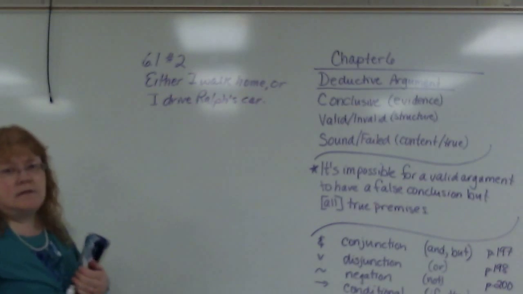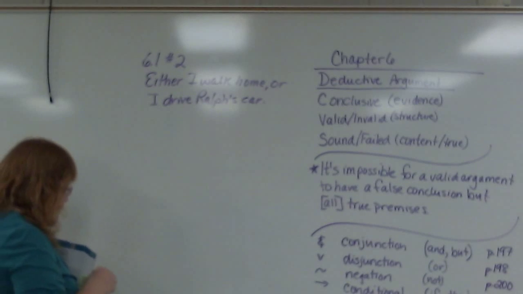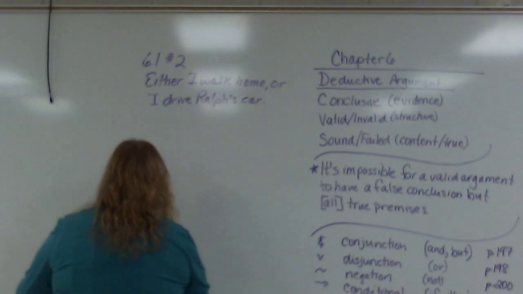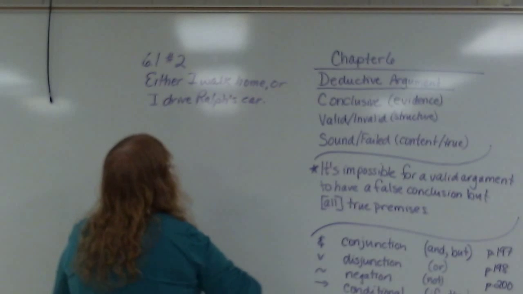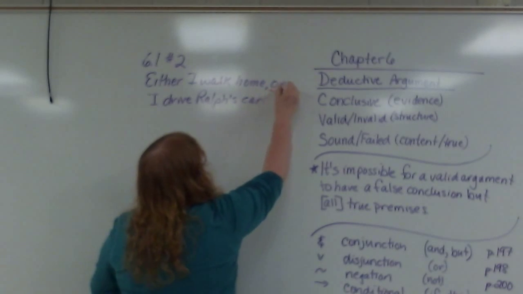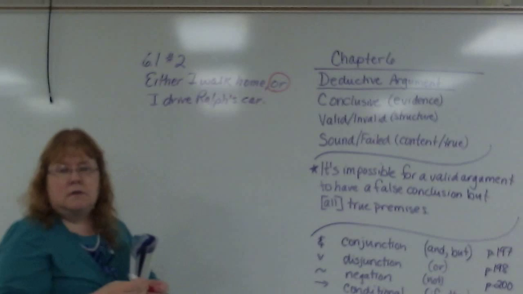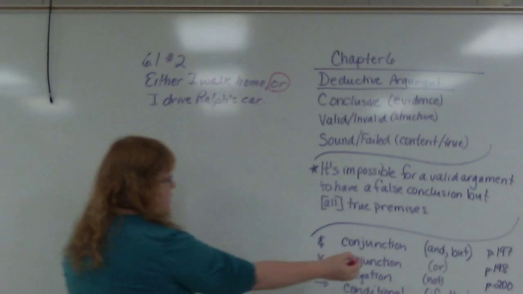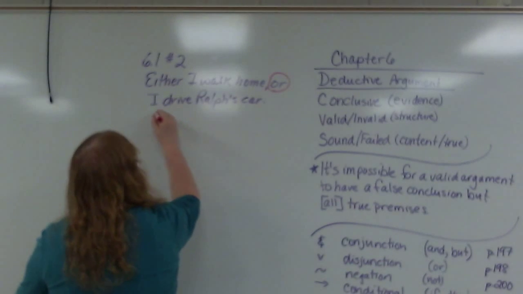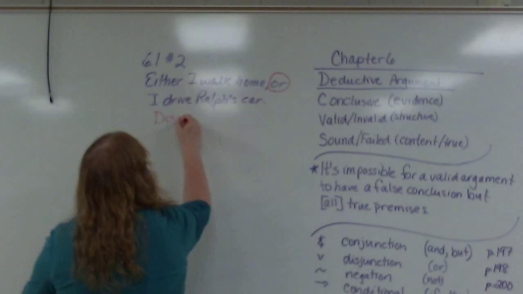Okay, that's my sentence. And so what I'm looking for here is what kind of sentence is it? My connector is or, which tells me it's a disjunction, so that's my first answer.